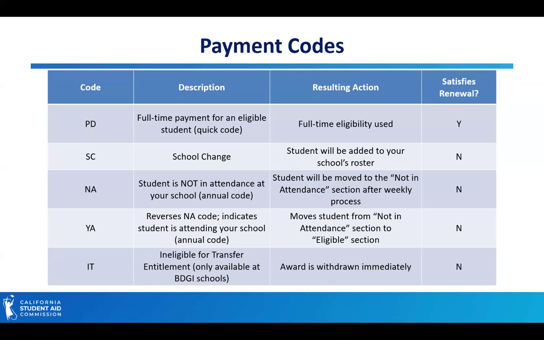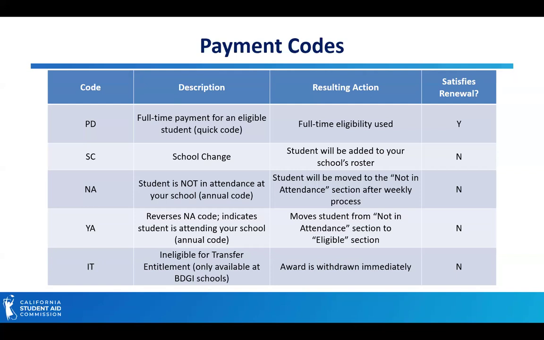And IT, this is for BDGI schools, or bachelor degree granting institutions, the 4 years, where a student comes over with an E2 award designation, but through your verification process, you find that the student is not truly eligible for the award.